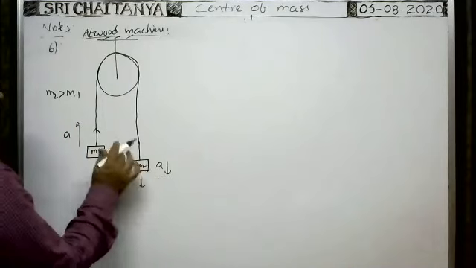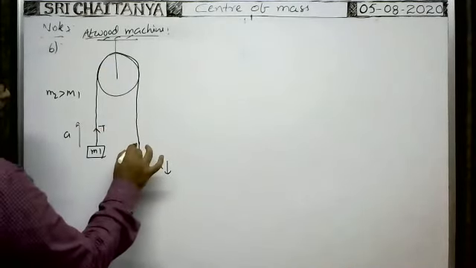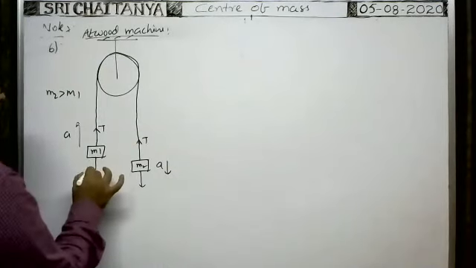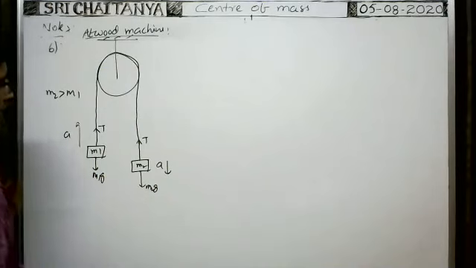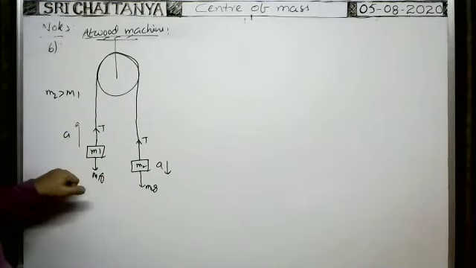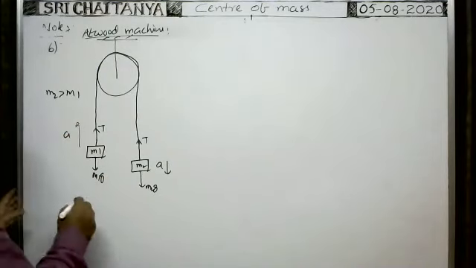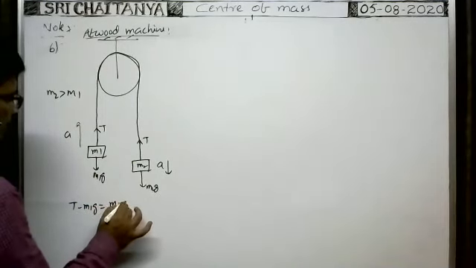Whenever the blocks are moving like this, the tension of the string is T, and as it is the same string, the same tension acts in this direction. Weight m1g acts downwards, m2g acts downwards. For this block, m1g acts downwards and T upwards; as this block moves upwards, T is greater than m1g. That's why T minus m1g is equal to mass m1 into acceleration a.